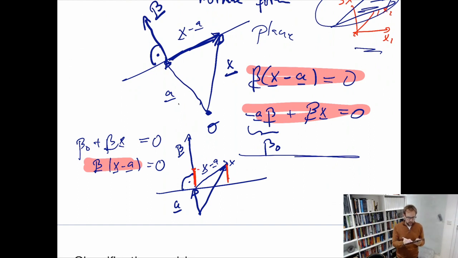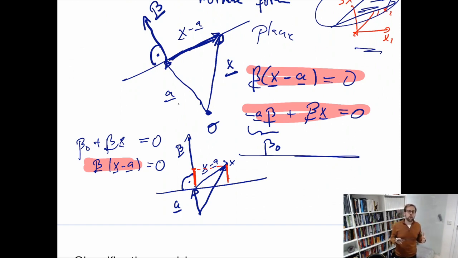If I project the x minus a vector onto beta, then obviously if they're orthogonal, this projection becomes 0. But if they are parallel, then this projection is maximum.